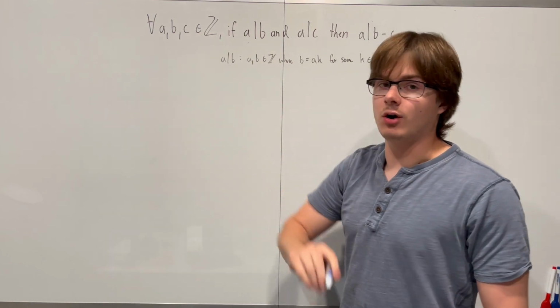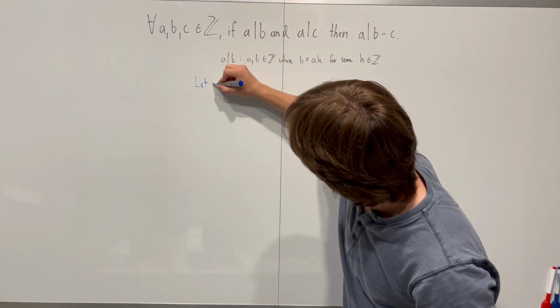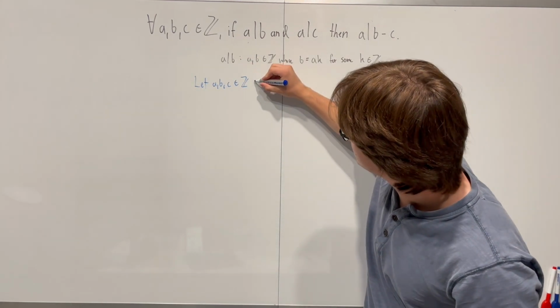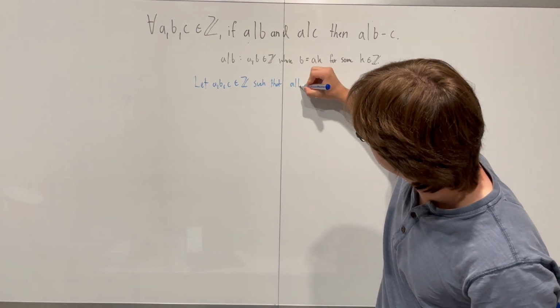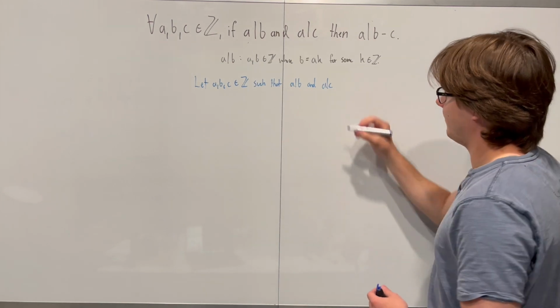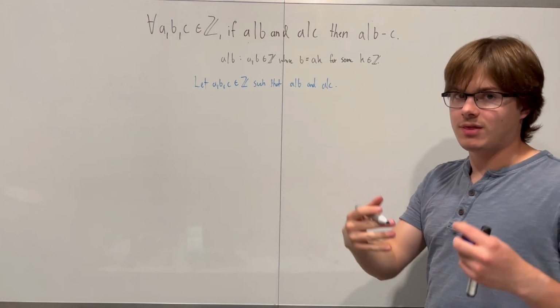So this is a for all proof, so how do we start? We start with let. What do we let? We let a, b, c be integers such that a divides b and a divides c. Okay, fantastic. What does it mean for a to divide b and a to divide c? Let's write that in math terms.